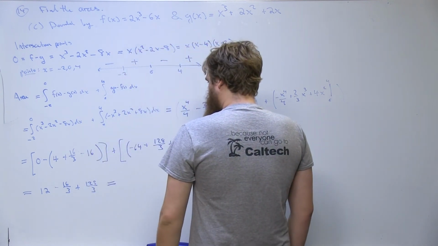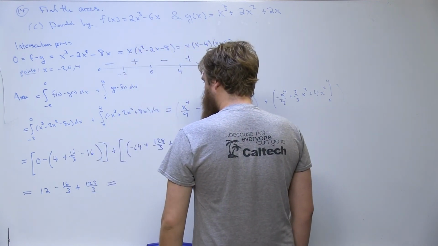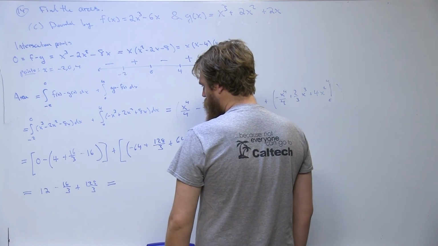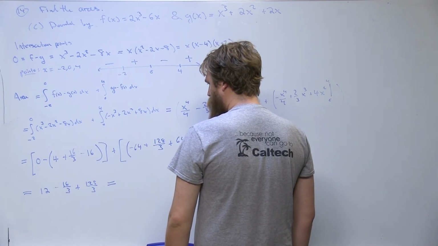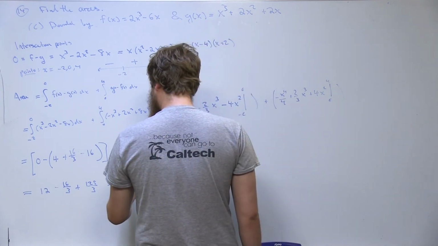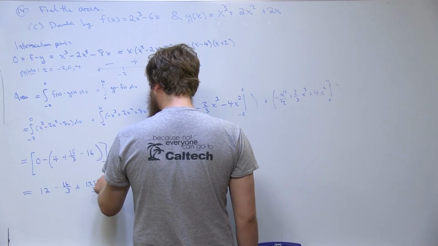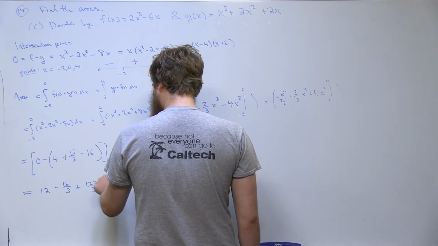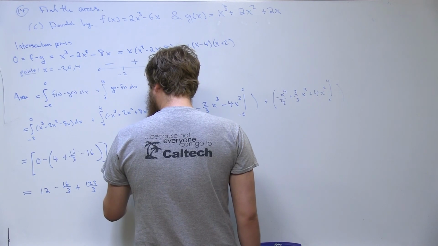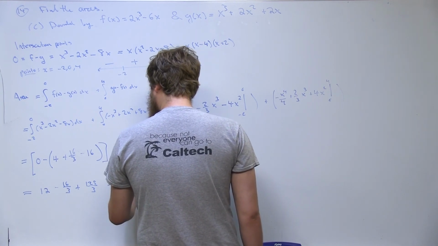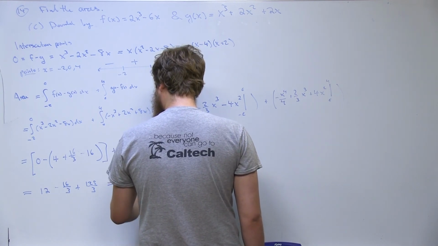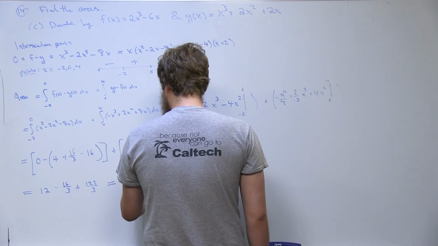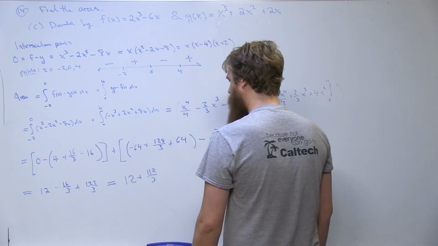All these are ratios over 3, so you've got 128 minus 16, that's 112 over 3, right? So we have 12 plus 112 over 3, looks like.